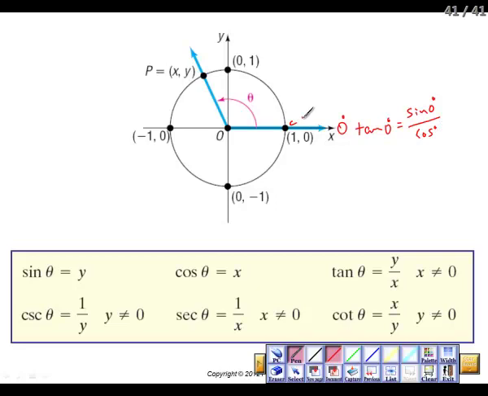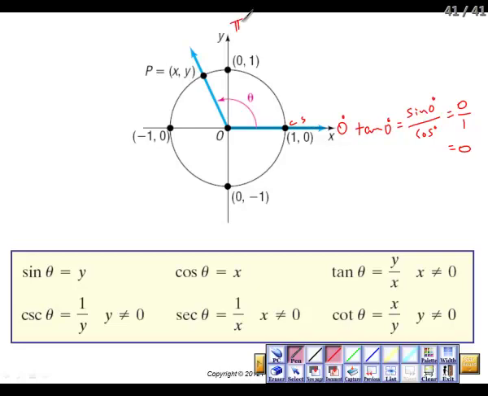And here we have cosine and sine. So sine has a value of 0. Cosine has a value of 1. So we can say that tangent is 0 at 0 radians or 0 degrees.